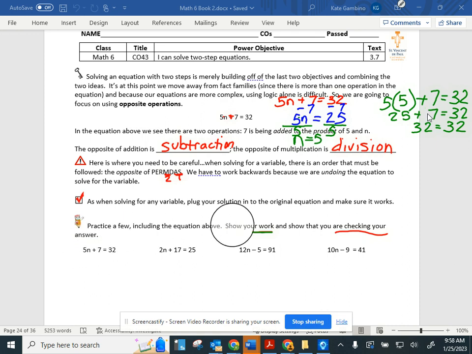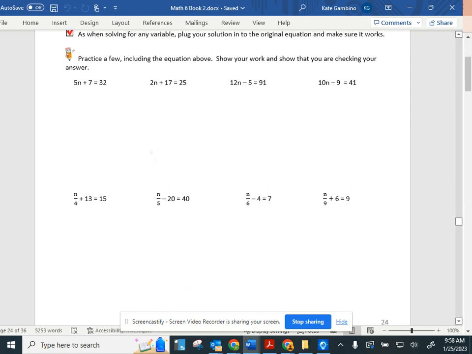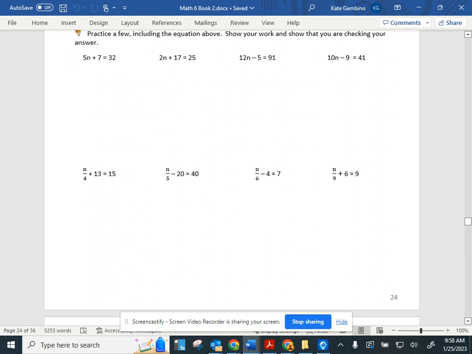I'm going to erase this and scroll up so we can make sure we understand how to do the 2 steps. I didn't realize it was the first one here. So we subtracted 7. So we got 5n equals 25. Then we divided by 5. And we got n equals 5.